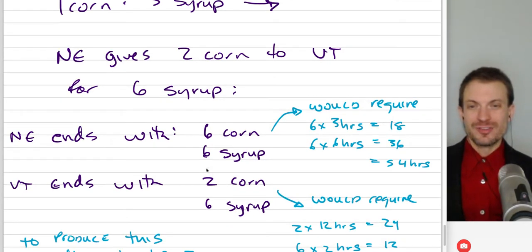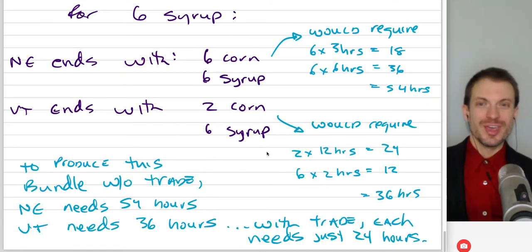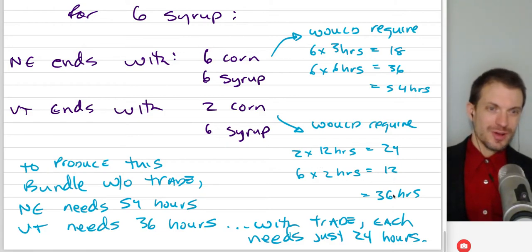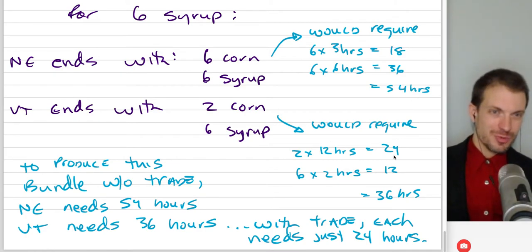What about Vermont? 2 corn and 6 syrup. This would require 24 hours, using their whole day just making corn, and then the 6 syrup is another 12 hours. It would take Vermont 36 hours to produce and consume this bundle, right? They don't have this time available. They only had 24 hours.